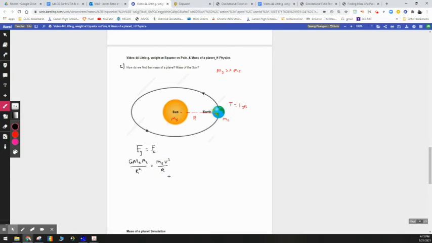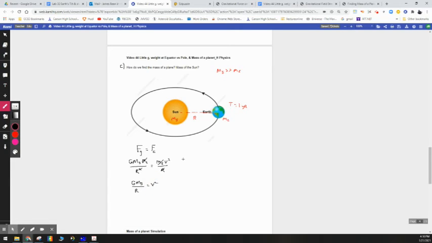Now, if I look closely, some things do cancel out. The mass of the Earth cancels out; it doesn't even matter. One R cancels out, as does the square term. So when it's all said and done, we have G times the mass of the Sun, divided by R, equals just v squared.